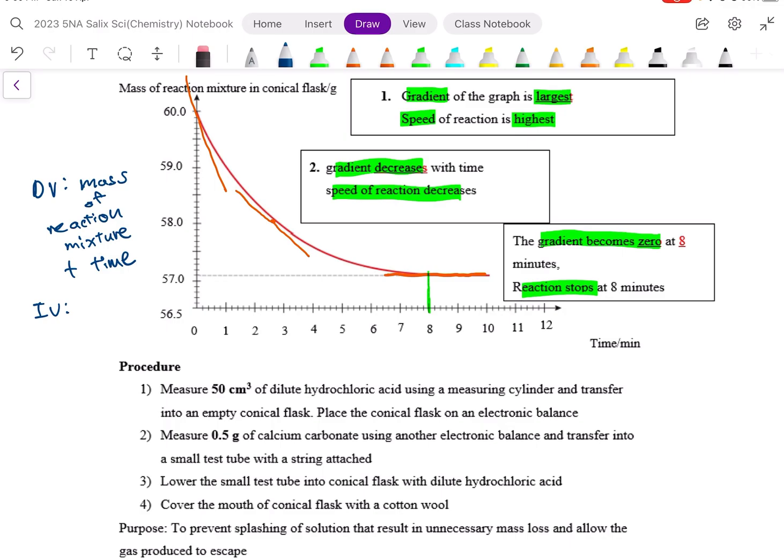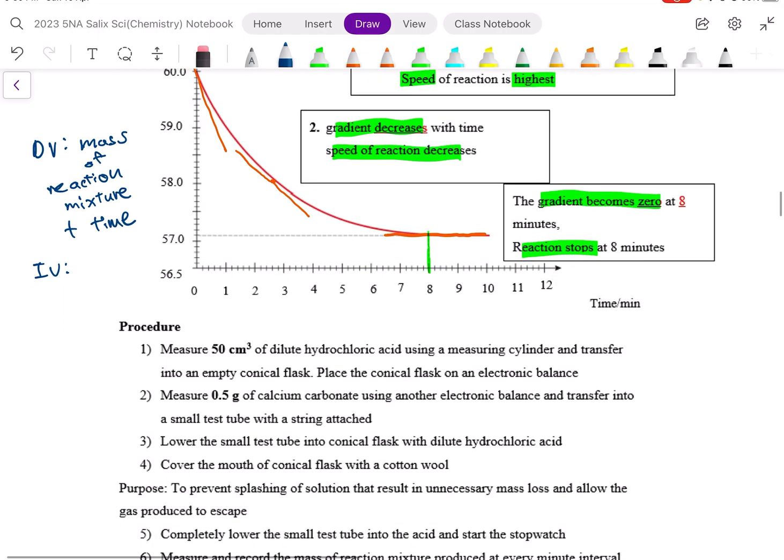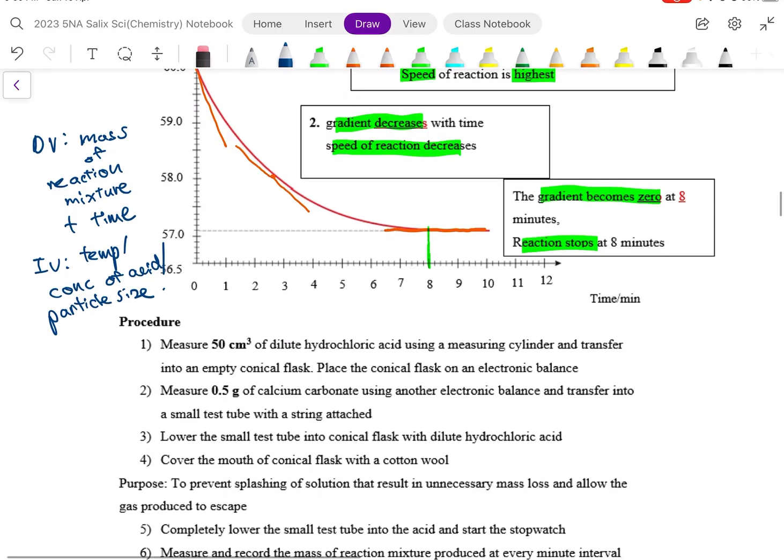But in this case there's only one, there's no comparison. It could be things like temperature, concentration of acid, particle size, and so on and so forth. Then there are quite a couple of control variables as well.